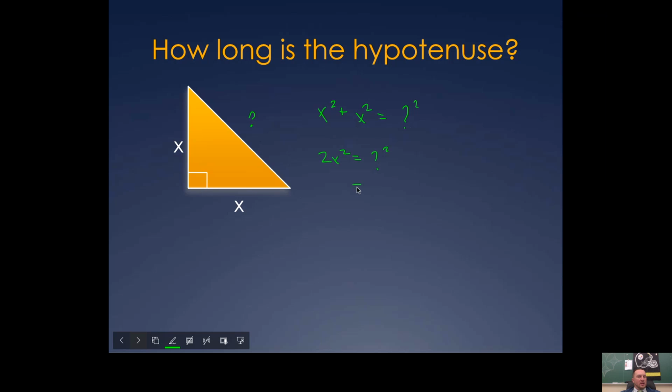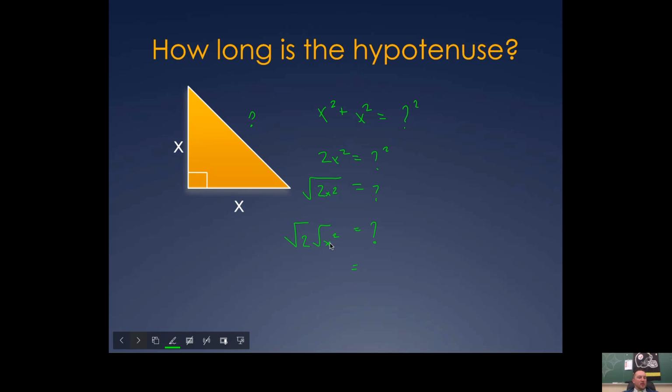You want to get the unknown by itself, so you're going to take the square root of this. And that might seem complicated, but you can split it up like this. Remember, you can use that product property. 2 times x squared gives you 2x squared, so you can split it up like that.